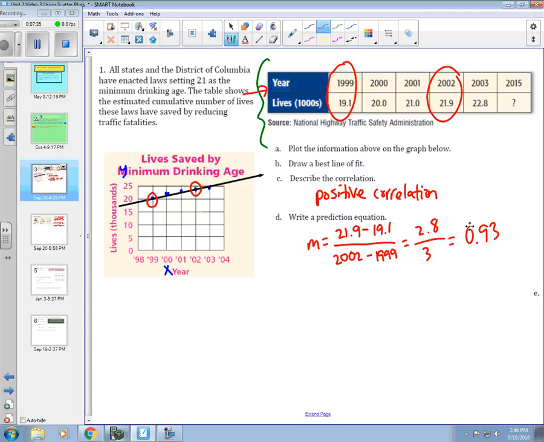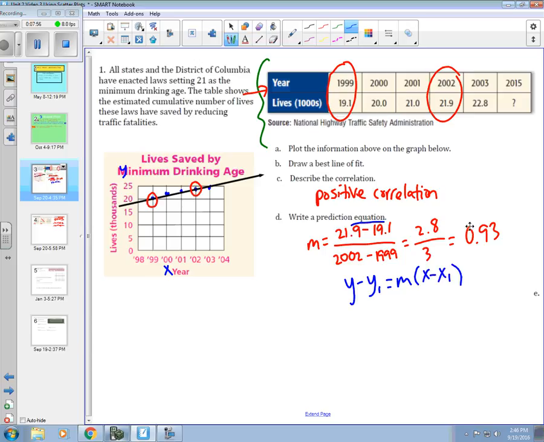That gives us some useful information, but we wanna keep going here and get an equation. What's the equation? Well, now we need the slope-intercept form of that line. We can get that by going back and using our old friend here, point-slope form.